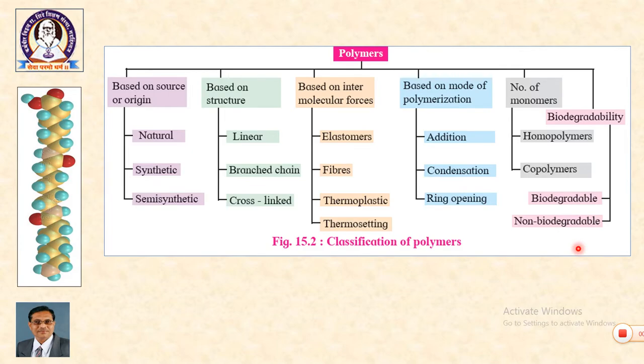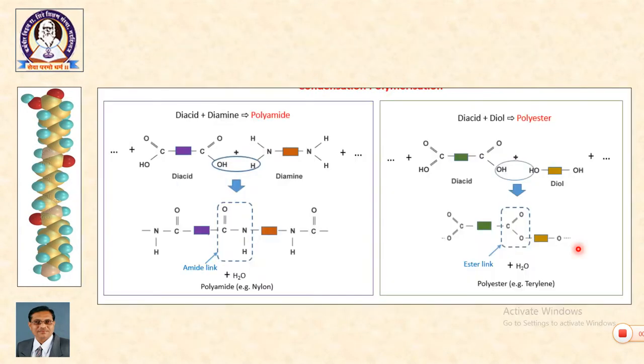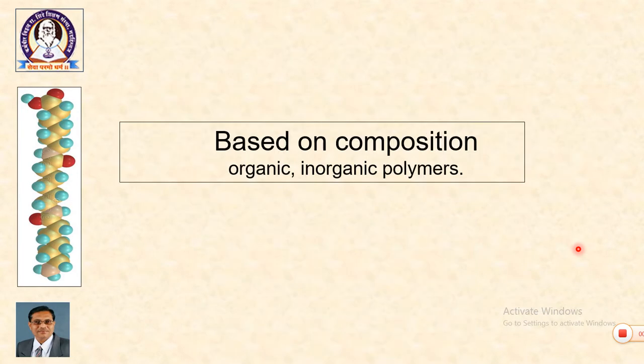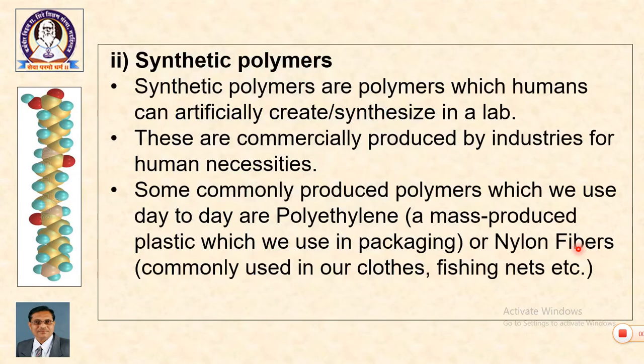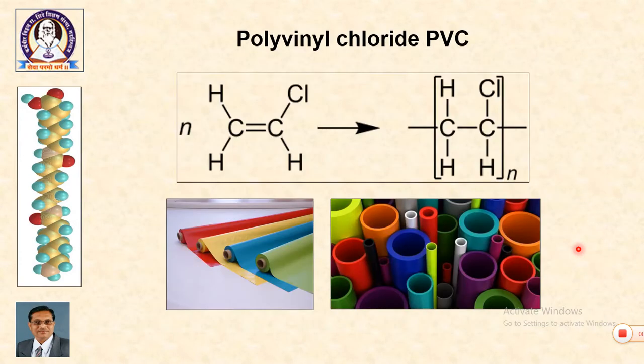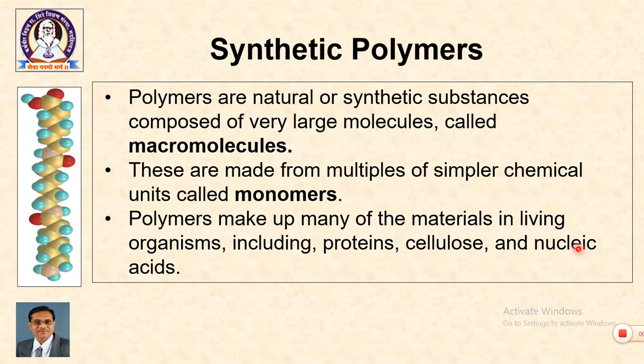So, let us revise once again the things together right from the beginning. Let us begin with the concept of polymerization, the concept of polymers. Polymers are the compounds having a large number of monomer units.